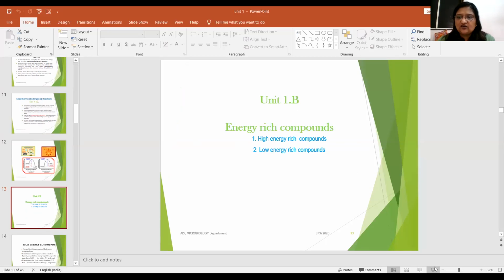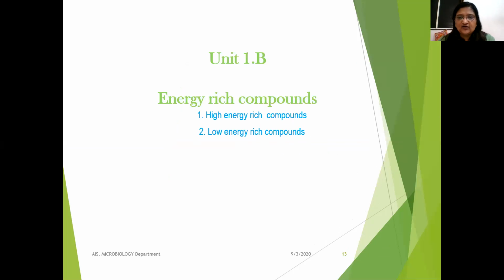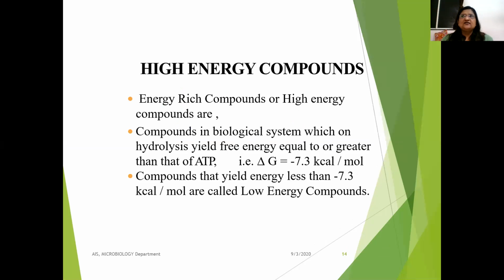In this, you can see on the screen what we call high energy components. High energy components are those in a biological system whose hydrolysis releases free energy equal to or greater than that of ATP, that is, normally delta G equal to minus 7.3 kilocalorie per mole.